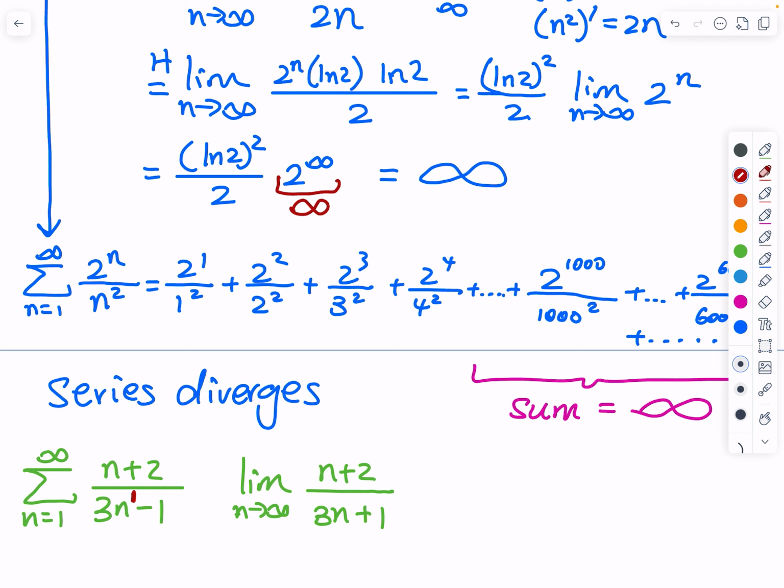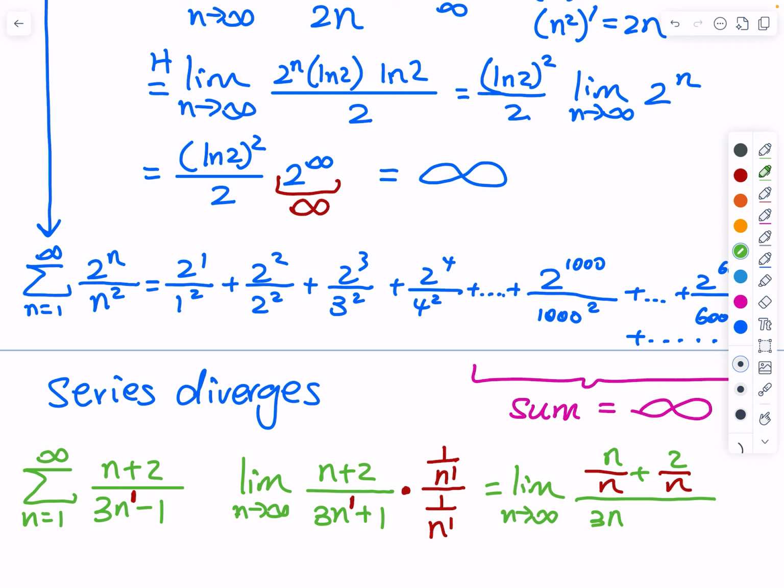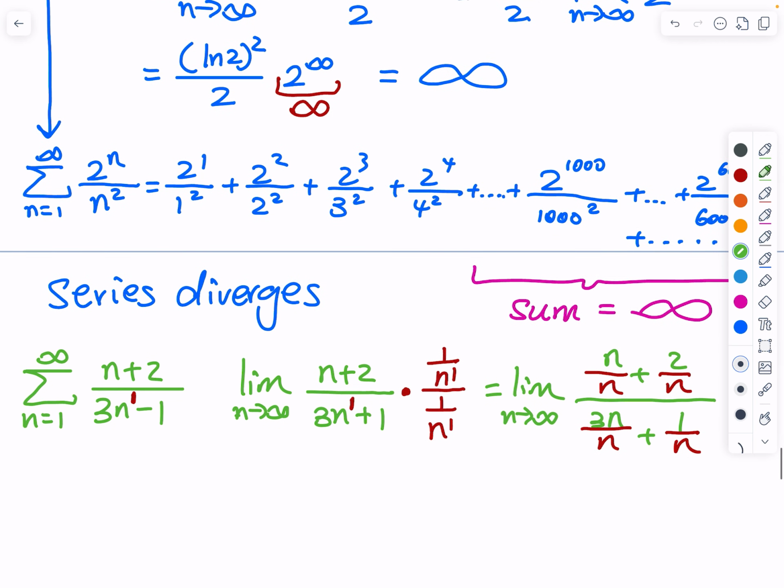The highest degree in the denominator is 1, so I need to divide each term by the variable raised to the first power. The limit as n approaches infinity: on top you have n plus 2 divided by n, and in the denominator you have 3n plus 1, divided by n. What is that equal to?